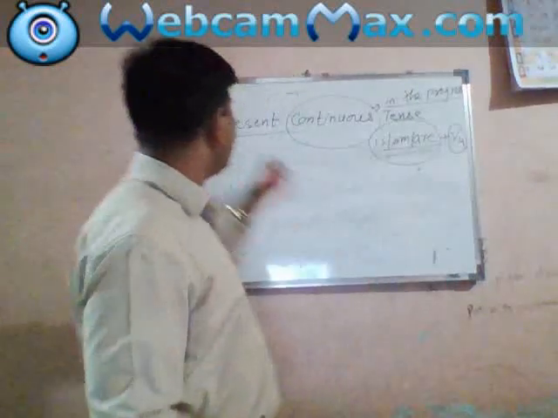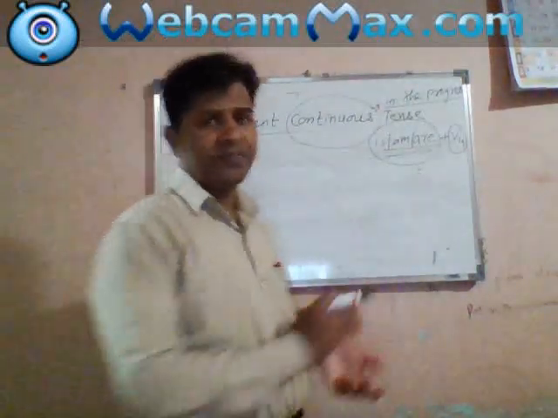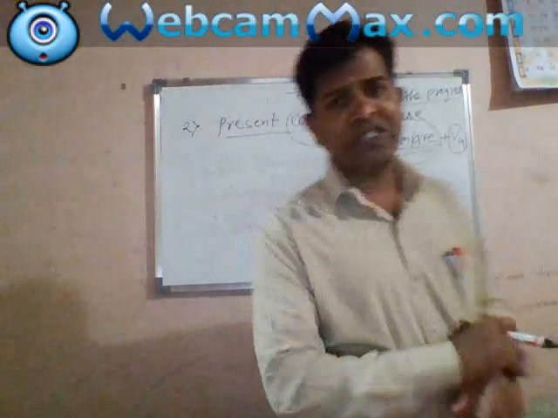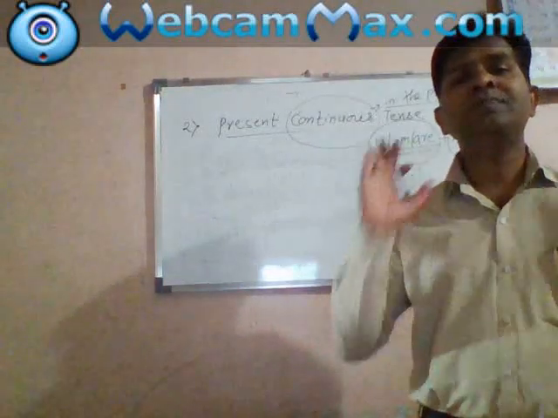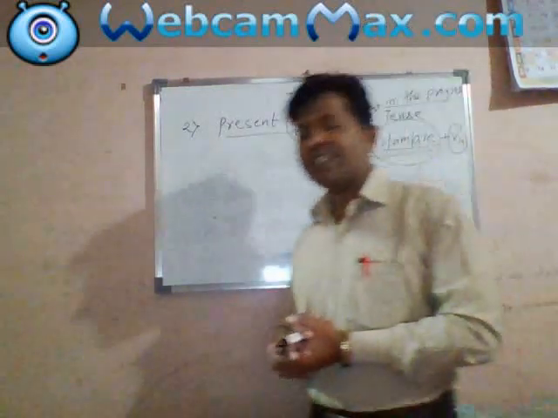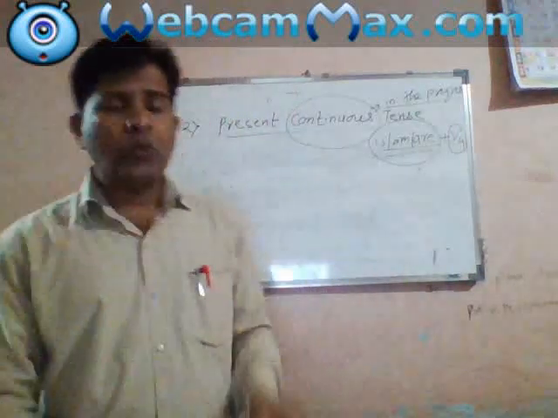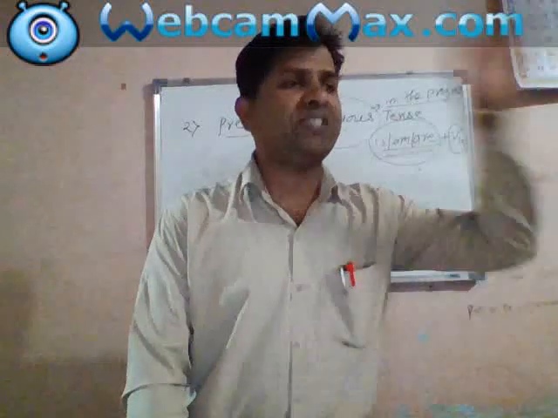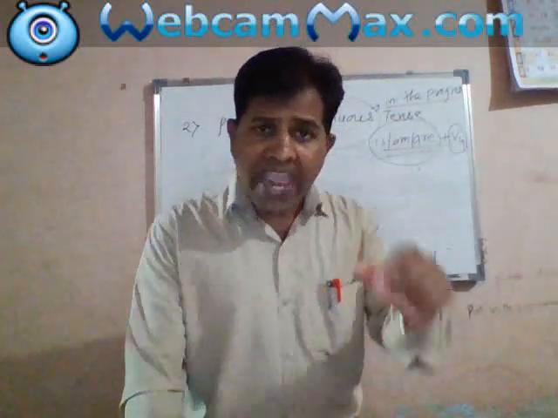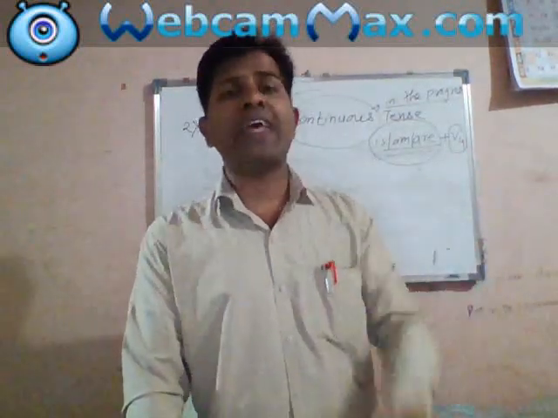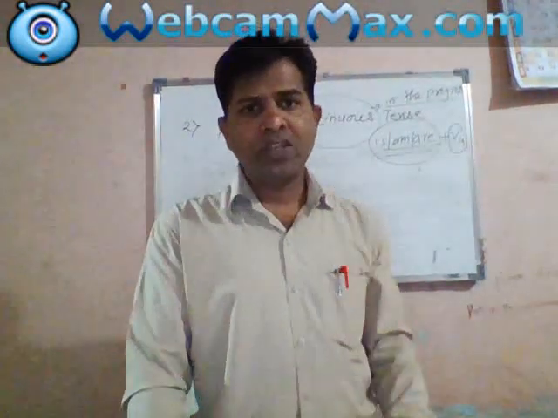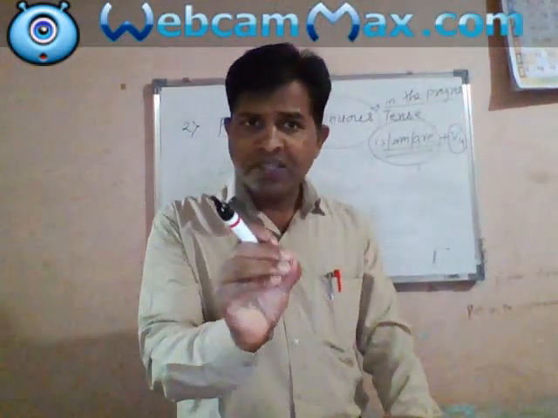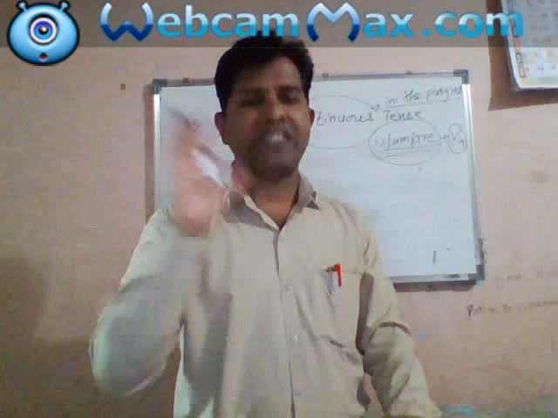Now you see here present continuous tense. Now the question comes to our mind, when do we use present continuous tense? We use present continuous tense when the action is in progress. Whenever an action is in progress at that moment, then we use present continuous tense.